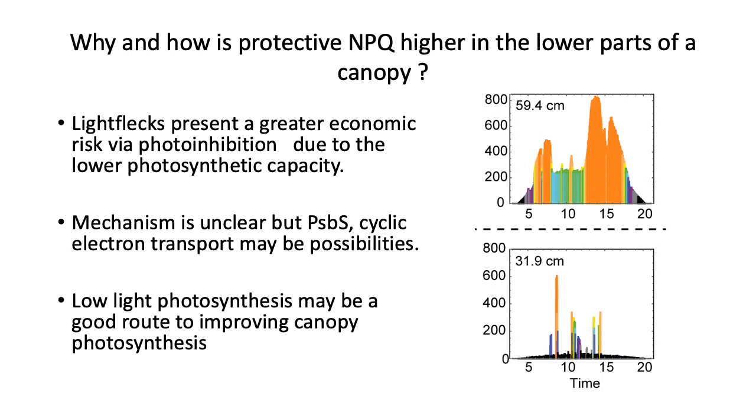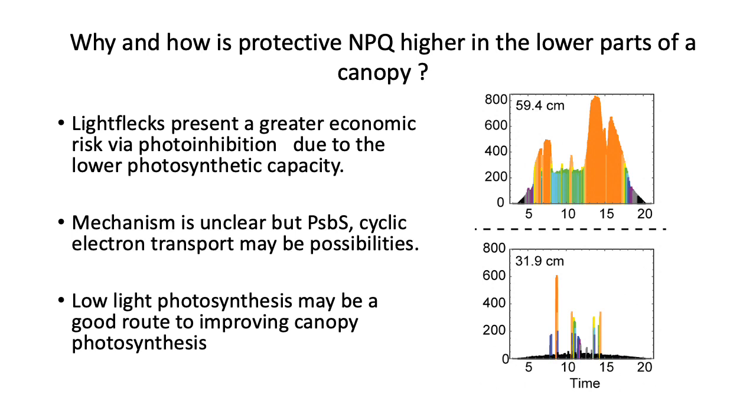So why and how is protective NPQ higher in the lower parts of the canopy? As I said, this came as something of a surprise. Well, it could be that light flecks or sunflecks presented greater economic risk via photoinhibition due to the lower photosynthetic capacity of the leaves. So they simply require greater protection from high light because the economic return of a photoinhibited leaf lower in the canopy is much lower.